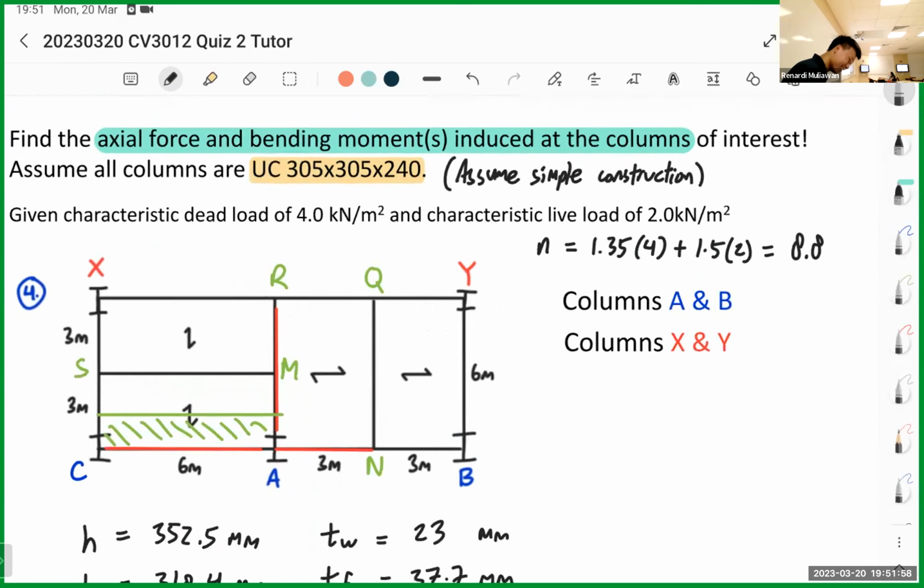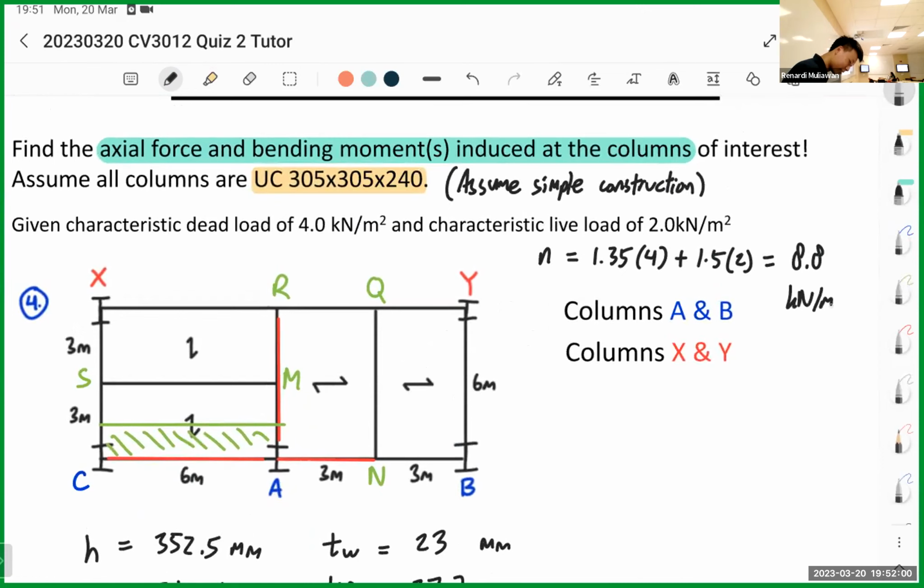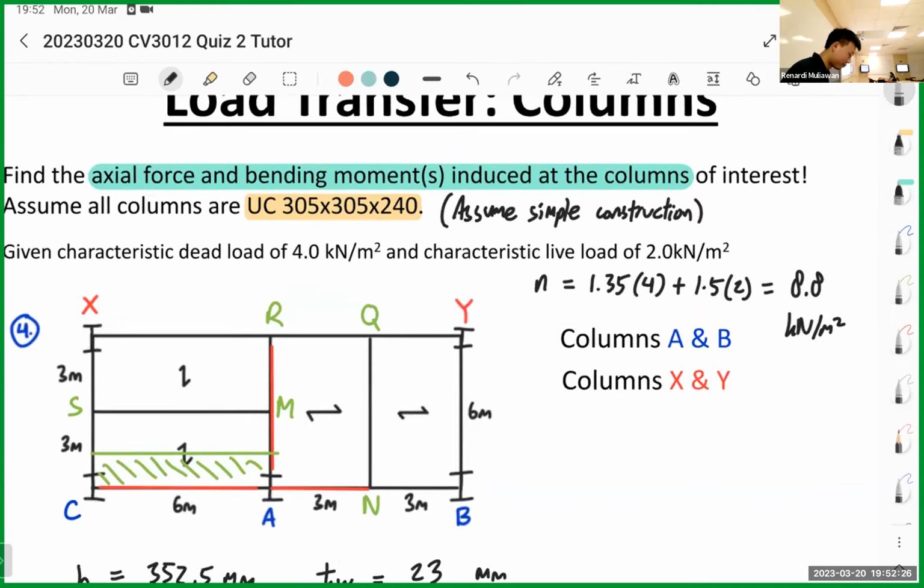I forgot, this is kilonewtons per meter squared. Let me get my calculator. Oh, it's recording. 8.4. It's not 8.8. 1.35. Yeah, it is 8.4. Sorry.